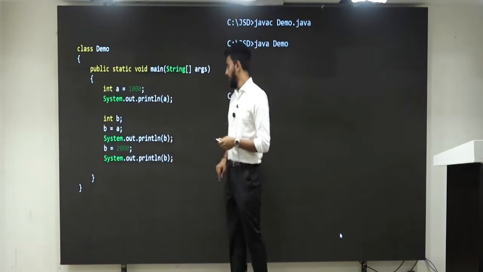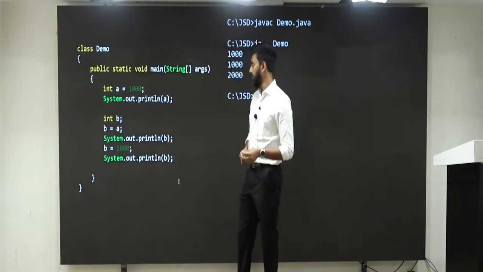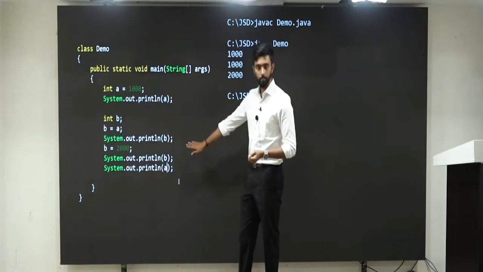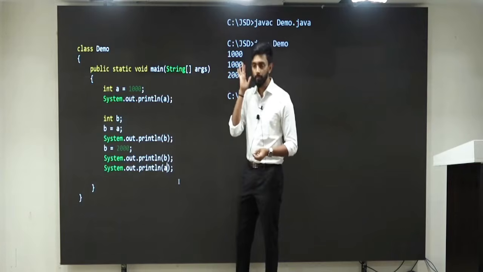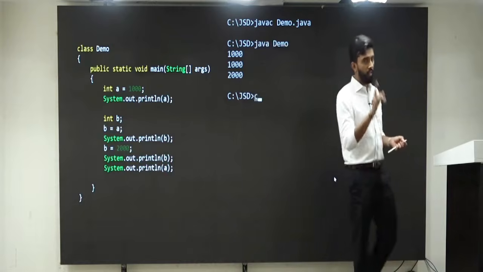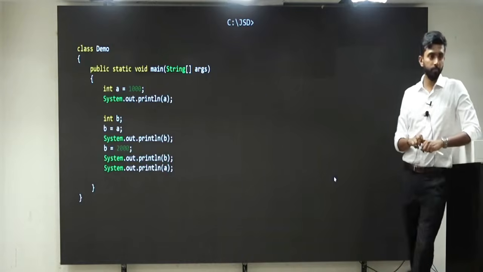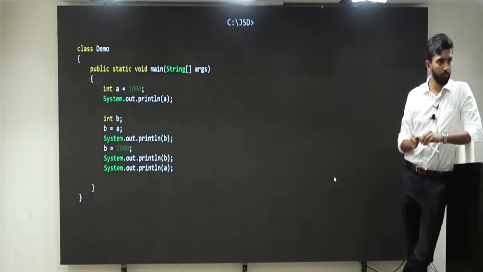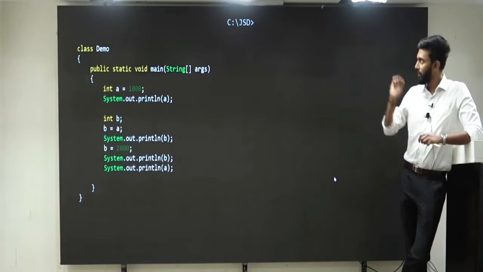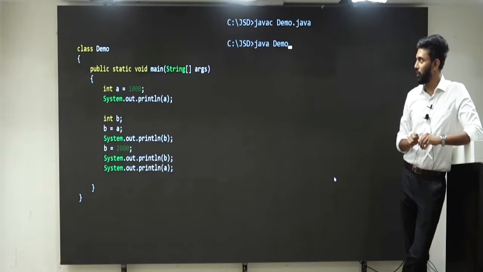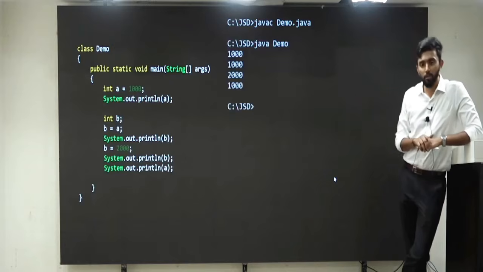Next line, paste it again, make that as A. I am printing A. Think and answer. What will be the value of A? 1000 or 2000? Okay, compile it. No issues. Execute it. 1000.